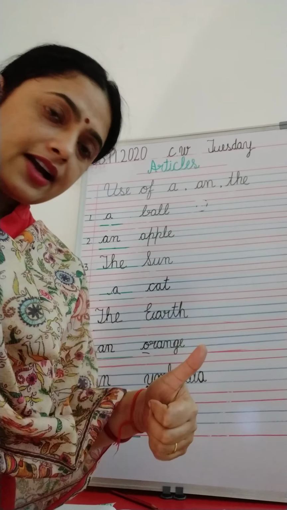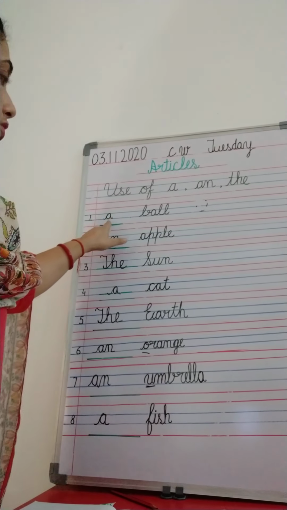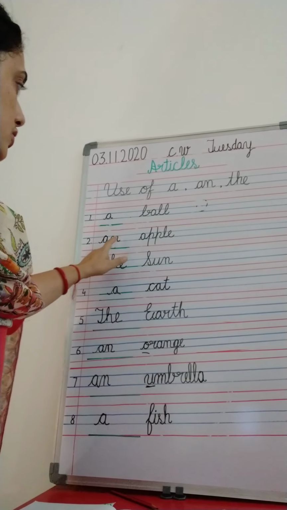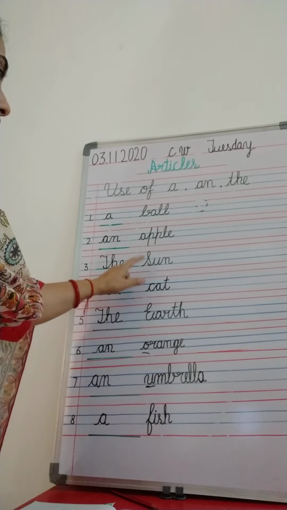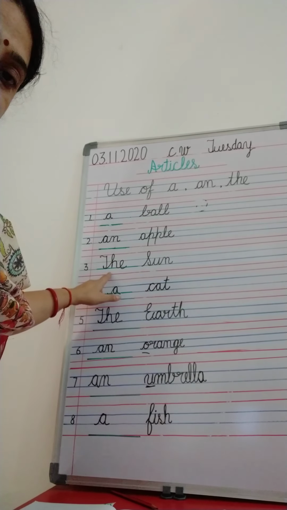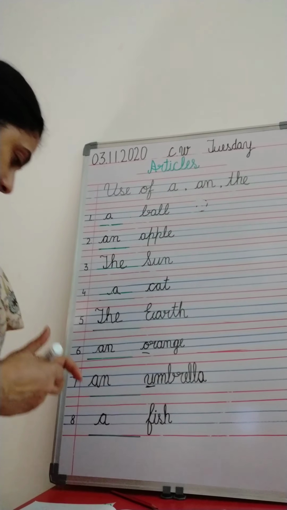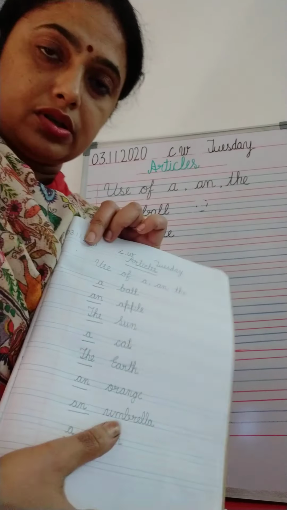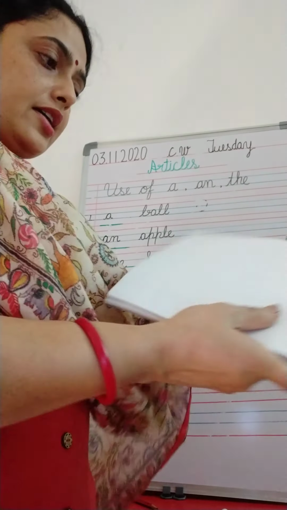If the spelling is starting with a consonant, we'll use a. And if our spelling is starting with a vowel, we'll use an. And for particular things and for a universal truth, we'll use the. Okay? Now, maybe this work you are going to do in your EVS notebook.